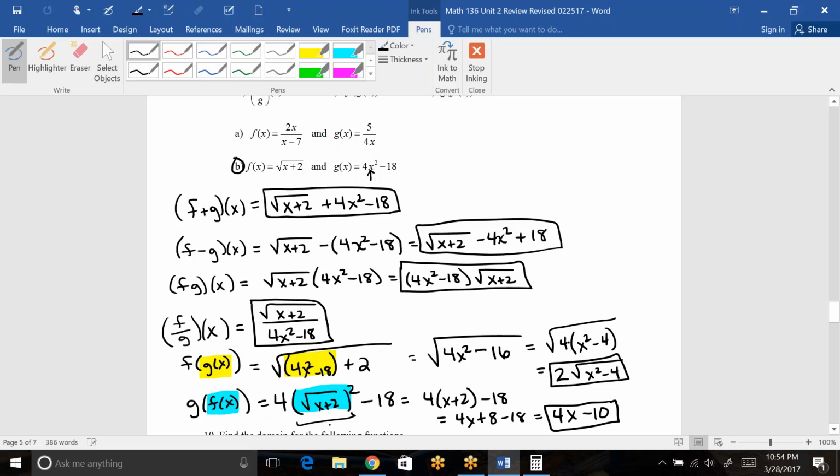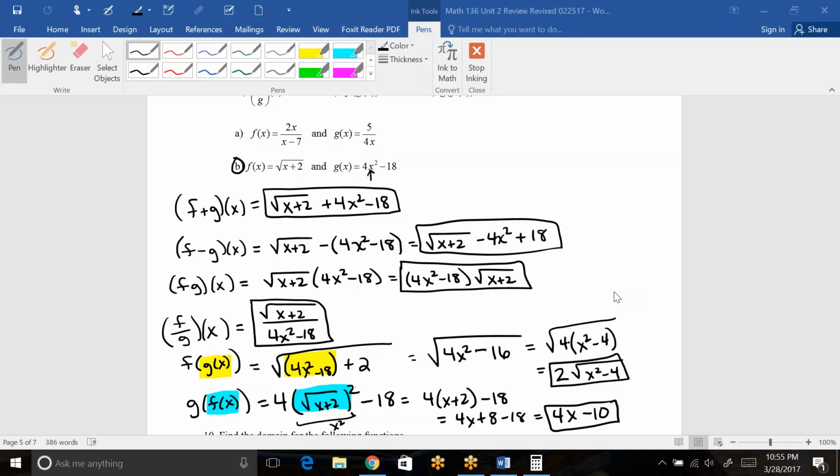This right here used to be x squared. What we plugged in for the x was the other function, which was the square root of x plus 2. So notice that x got replaced with this, and we still had it squared. So when you square a square root, it cancels out and you're just left with the x plus 2. So the 2 and the square root cancel each other out. Does that answer that, or is that okay?